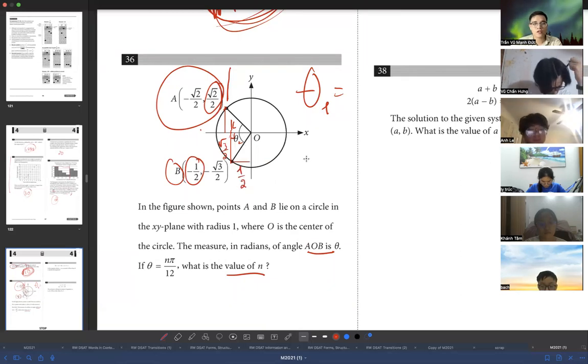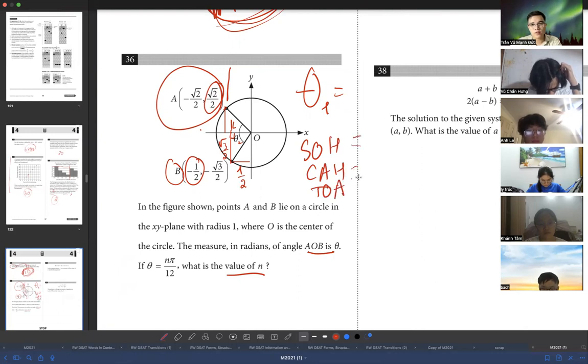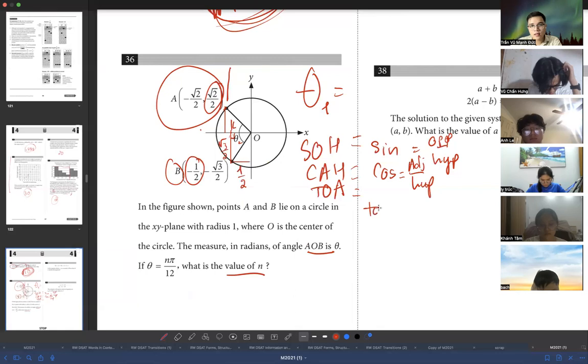By this, we can use trigonometry, SOHCAHTOA. In English or in Vietnamese, you have very similar mnemonics. Sine is opposite over hypotenuse. Cosine is adjacent over hypotenuse. And tangent is opposite over adjacent.